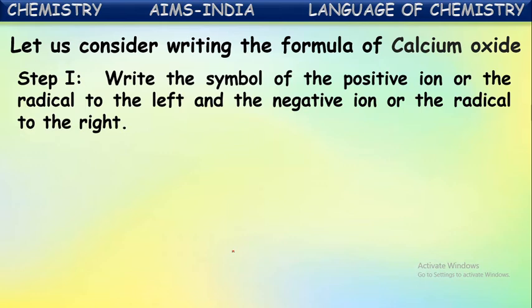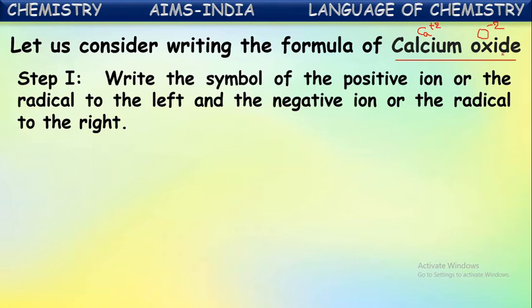So first we write the positive ion's symbol followed by the negative ion's symbol. In calcium oxide, the calcium ion is the positive ion, Ca plus 2, and the negative ion is O minus 2. If we know these two ions, we can write the molecular formula of calcium oxide. Calcium and oxygen combine here to form calcium oxide.